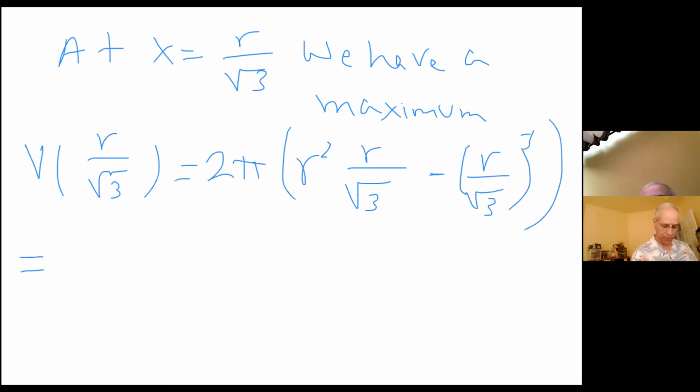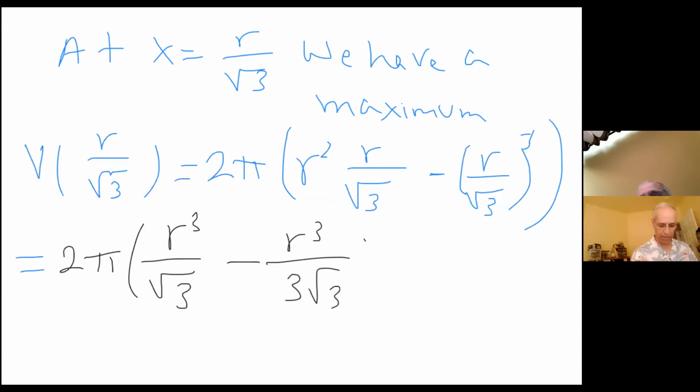And that equals, let me change color, here's my 2 pi. I have r cubed over square root of 3 minus r cubed over 3 root 3.